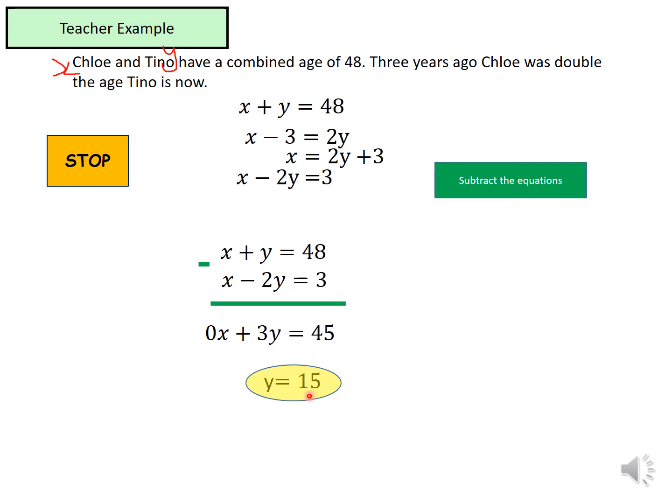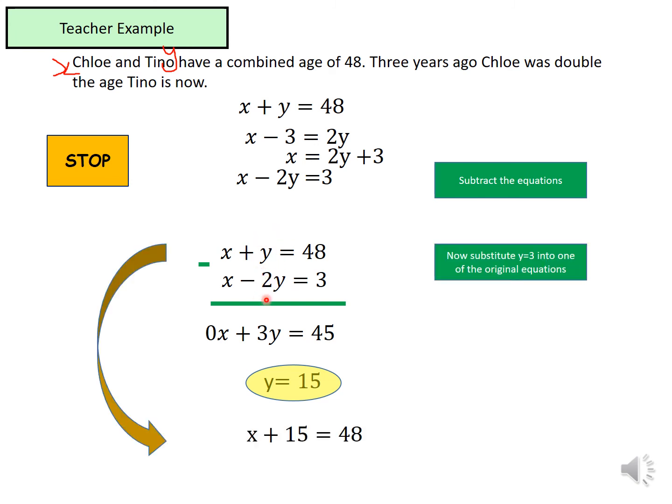Now, pick one of these original equations, any one you like, and instead of y, put 15. So we pick the top one. x plus 15, instead of y we put 15, is equal to 48. And the answer is x equal to 33. Now let's check the answers to see if they fit the problem.